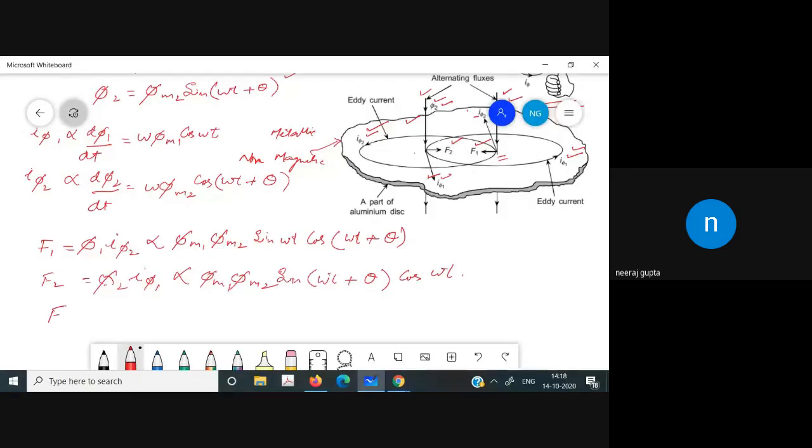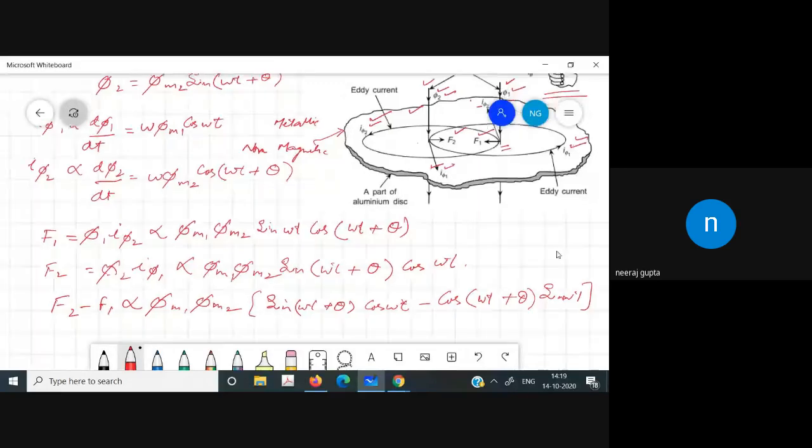The net force between the two is equal to the difference between the two. So the net force F2 minus F1 is proportional to phi m1 phi m2 times sine of omega t plus theta cos of omega t minus cos of omega t plus theta sine of omega t.